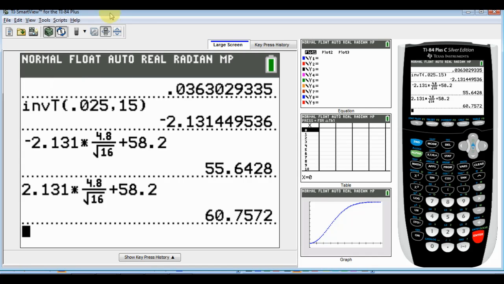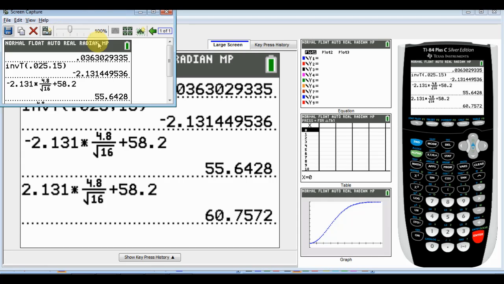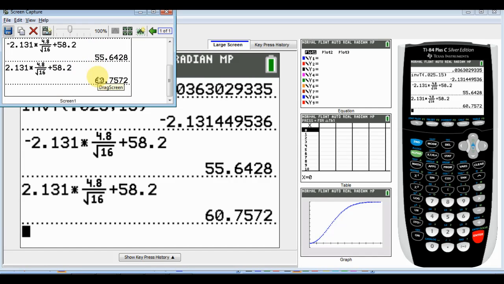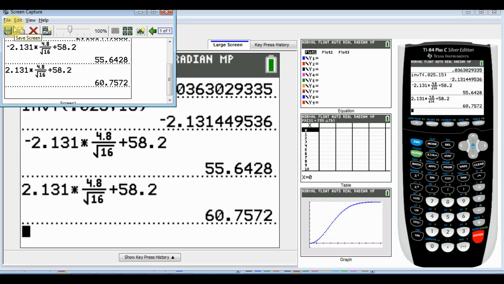Is X bar only going 2 places after the decimal? Yeah, in this case we're just going to use 2.